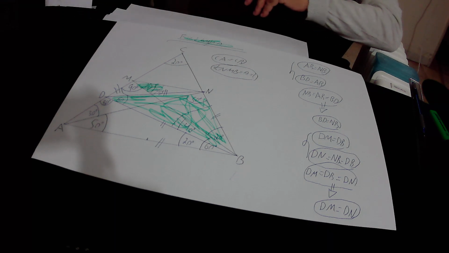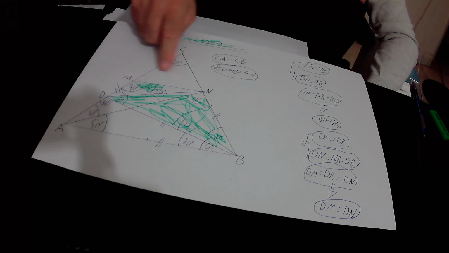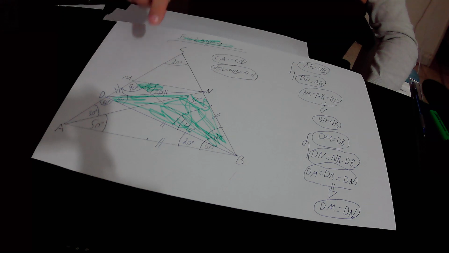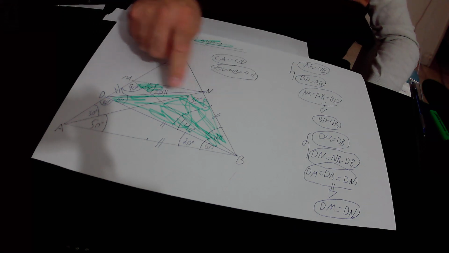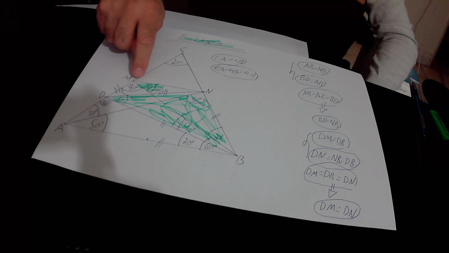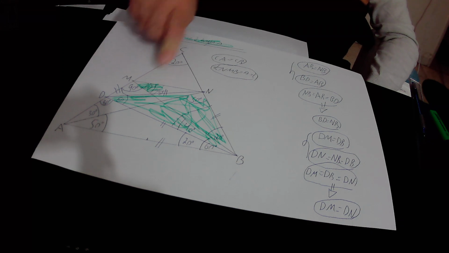So here we have this big angle DMN, which equals 70 degrees in size. The small angle DMB equals 40 degrees in size. So the big angle DMN minus the small angle DMB must be equal to the missing angle theta, the angle that we are looking for.